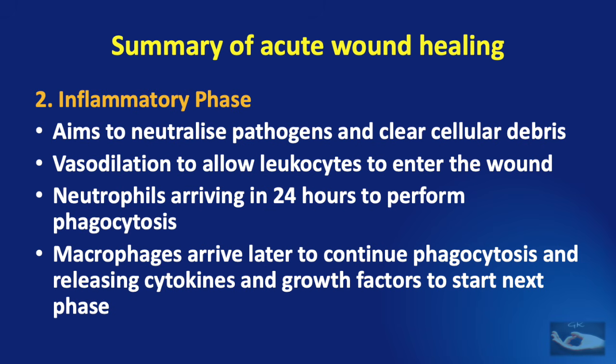In the next phase, that is the inflammatory phase, the aim is to neutralize the pathogens and clear the cellular debris, and here vasodilatation occurs to allow leukocytes to enter the wound. These neutrophils arrive in 24 hours to perform phagocytosis, and macrophages arrive later to continue phagocytosis and release cytokines and growth factors to start the next phase, that is the proliferative phase.